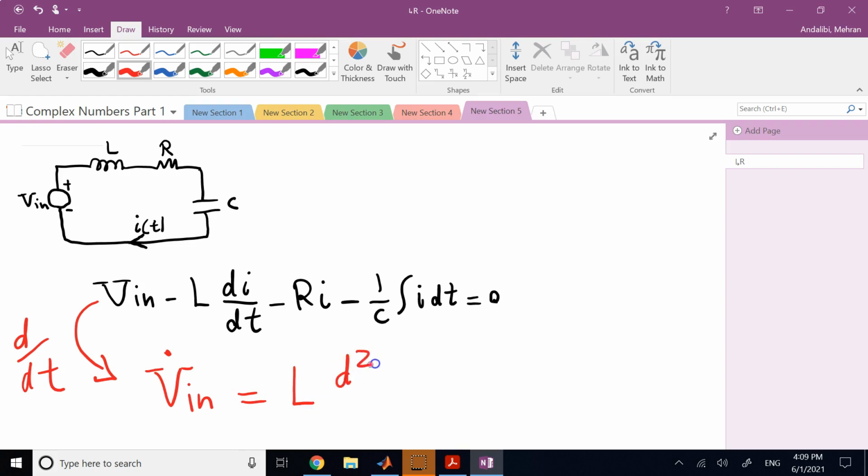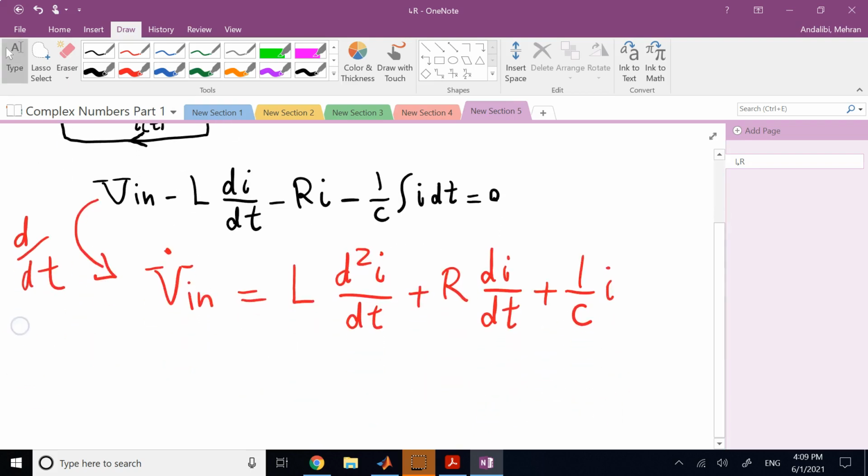L second time derivative of I with respect to time plus R times first derivative of I with respect to time plus 1 over C times I. And clearly, if you look here, this is a second order differential equation in terms of I. It is linear, the coefficients are constant, but it is non-homogeneous.